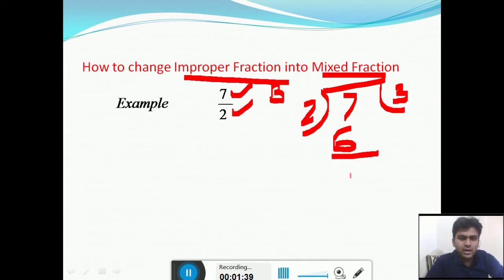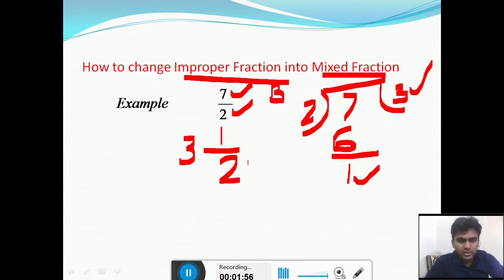So what are you getting here? As a quotient 3 and as a remainder 1. So write down 3, then write down the remainder here and the divisor here. So you got your mixed fraction. This will help you solve the questions in the next exercises.